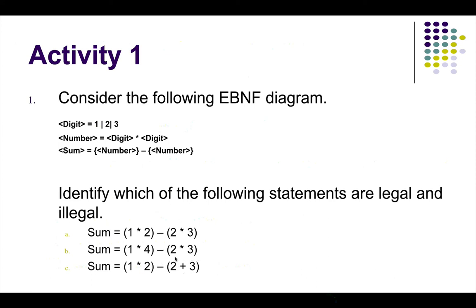This, I have a plus symbol in between here, which means that this statement here is illegal. So C and B are illegal. The only one, let's check and see if it works. 1 multiplied by 2, yep, that works. Minus, yep, minus. 2 multiplied by 3, yep, that works as well. Okay, so A works, it's legal. B and C are illegal.